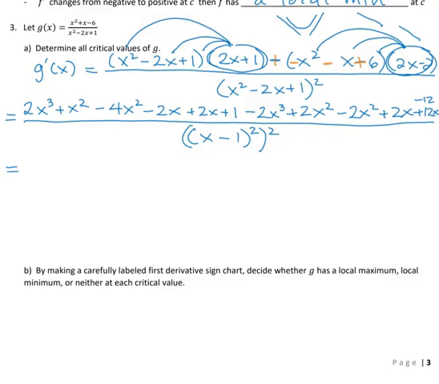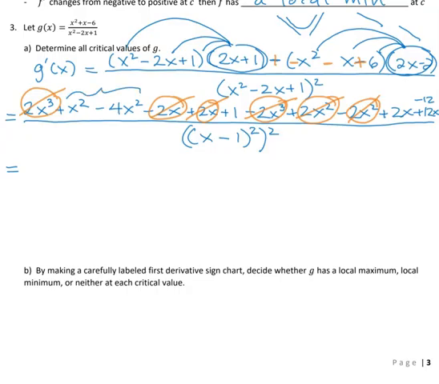Okay, let's see if we can at least get rid of some of this mess. I'm pretty sure I saw a 2x cubed and a negative 2x cubed. I do see a 2x squared and a negative 2x squared. I see a negative 2x and a 2x. Anything else that just full on cancels? I don't think so, but I can combine some things.